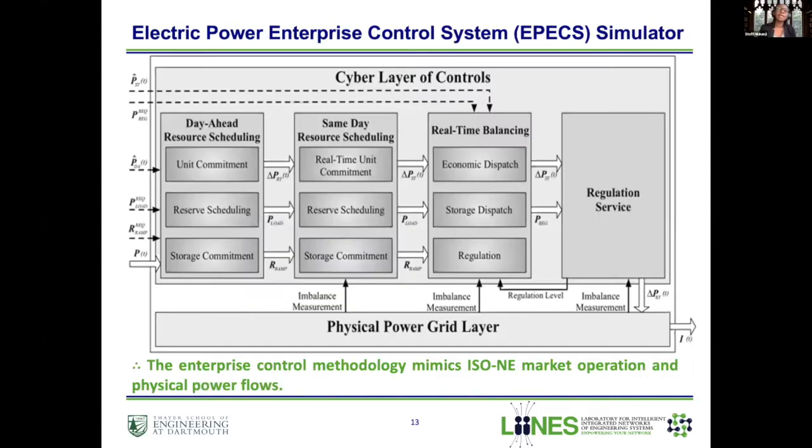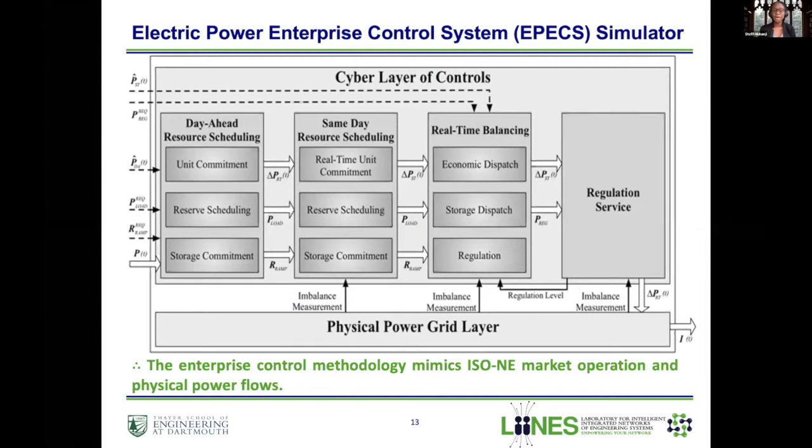For this study, as mentioned, I used the Enterprise Control Simulator, which is an in-house simulator with 4 layers of cyber control. We have the day-ahead resource scheduling market, which determines generators for the next day. And the same day resource scheduling, which is very specific to the ISO New England operation. And this runs every hour and just dispatches generators that are fast start.